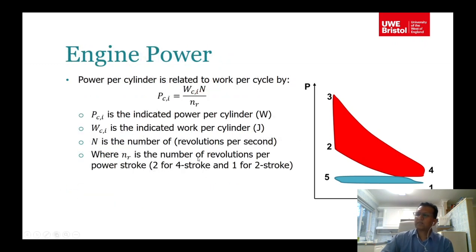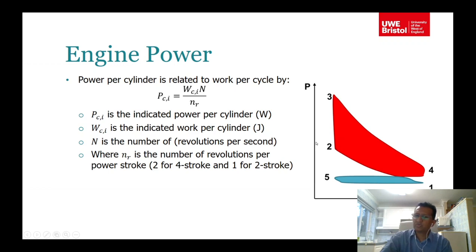And then power per cylinder is given by the work done by the whole engine divided by the number of cylinders.